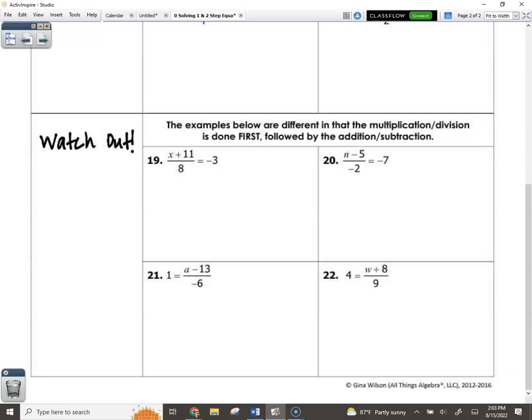You cannot go in a fraction and do something inside of it until you get rid of the fraction. Getting rid of the fraction is as easy as multiplying by whatever's making it a fraction. The 8 is the problem. It says divide by 8, so you will just multiply by 8, and then bam, there's no more fraction. Does that make sense? Pull down x plus 11, negative 3 times 8 is negative 24, and then now you can subtract 11.